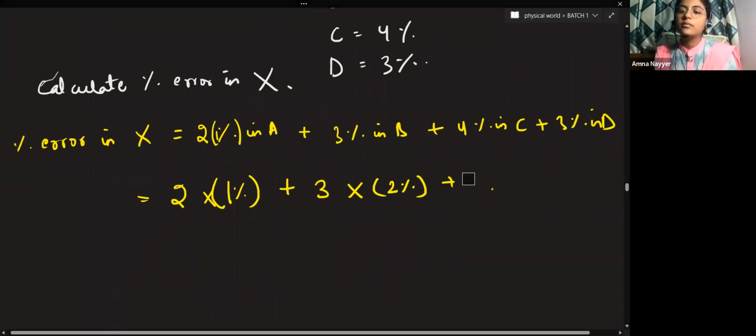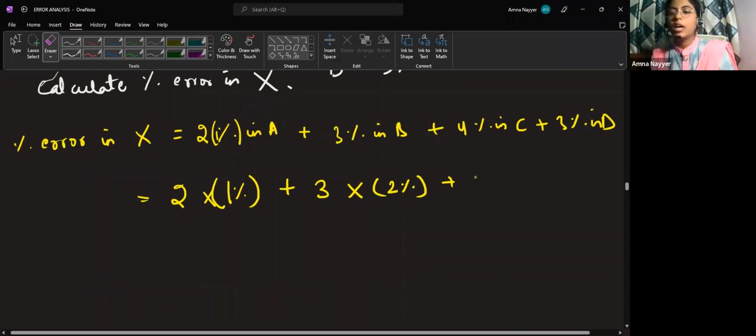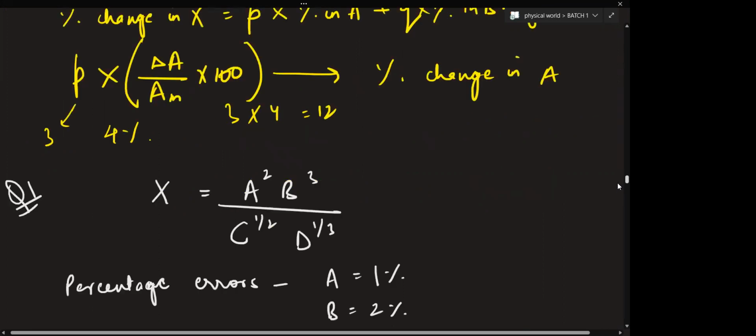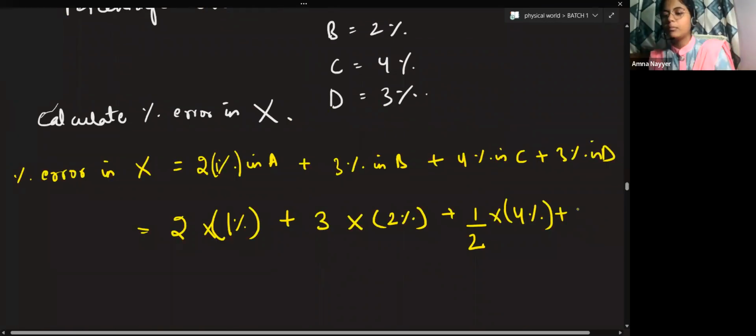First you have the power as half multiplied by the percentage error, that is 4. Now quickly tell it for D. 1/3 into 3%. Perfect. Power is 1/3 multiplied by 3%.